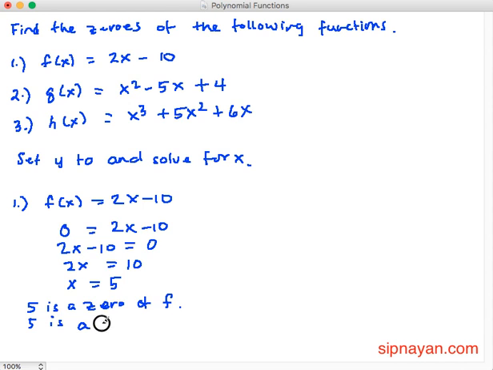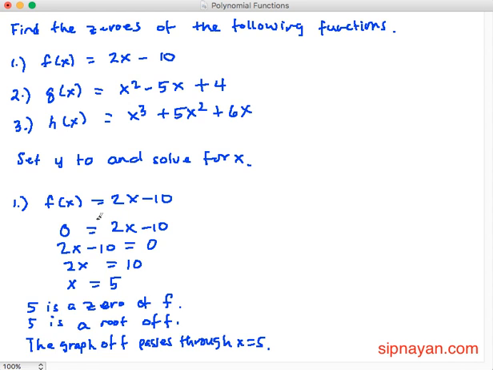Another way of saying it is that the graph of f passes through x equals 5. These three statements mean the same thing.